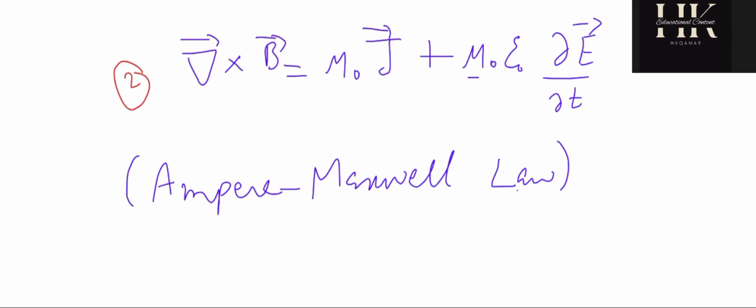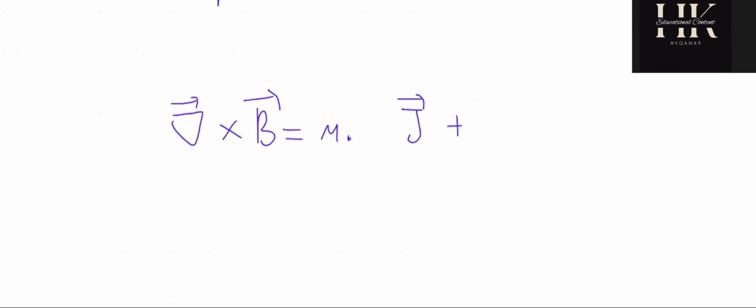Our next step is to take the dot product of this equation with E. So let's do that. From Ampere-Maxwell law, we know that del cross B equals mu naught J plus mu naught epsilon naught ∂E/∂t.